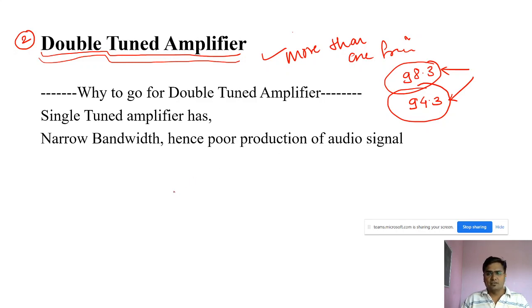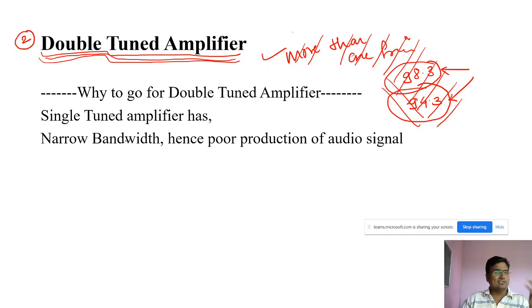Instead of discussing those things, we will start with some theory of coupling, and then you will come to know why I'm telling you that the name itself says double tuned, so that I can get more than one resonant frequency or something like that. The basic aim is not to get two frequencies. The basic aim is different. Otherwise, generally what happens, people read the title double tuned amplifier and conclude that more than one resonant frequency is there.